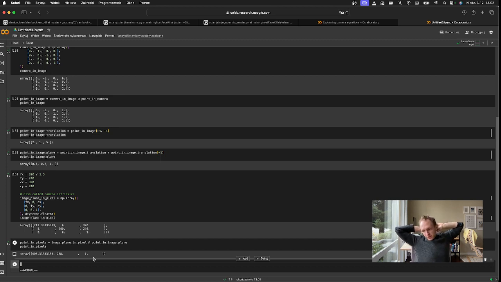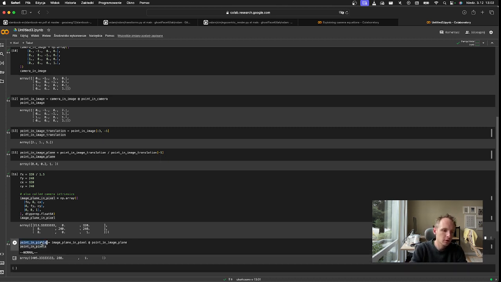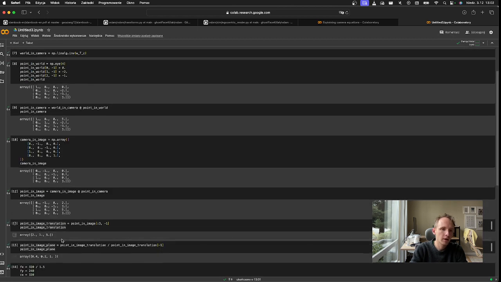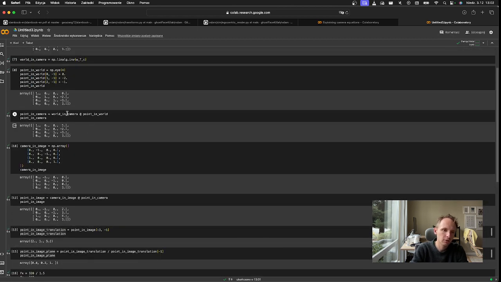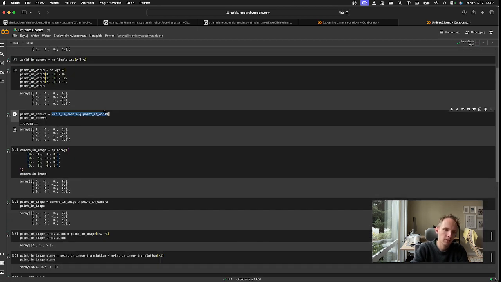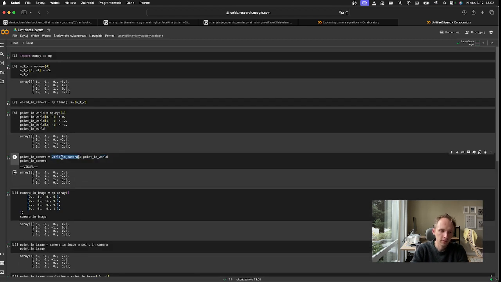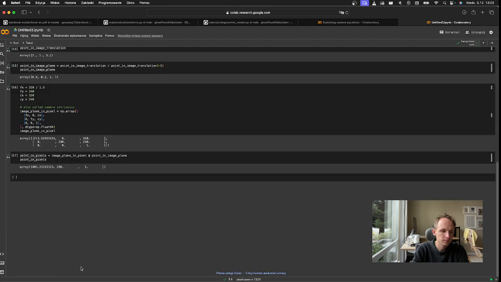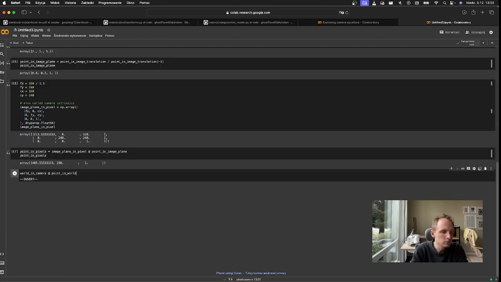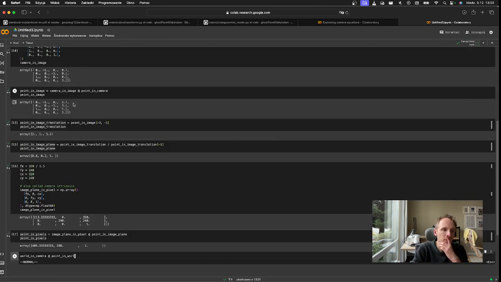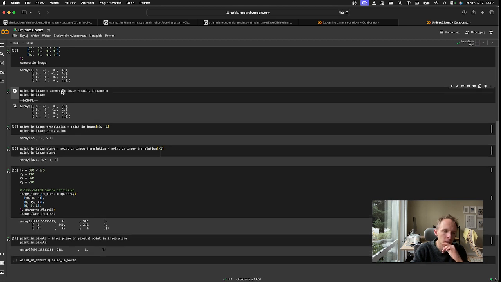You take a triangle, you make all those transformations, and by the way, we could reproduce all of this by stacking all those transformations at once. So let's do exactly this: world in camera, point in image.